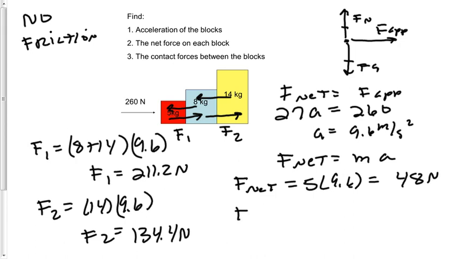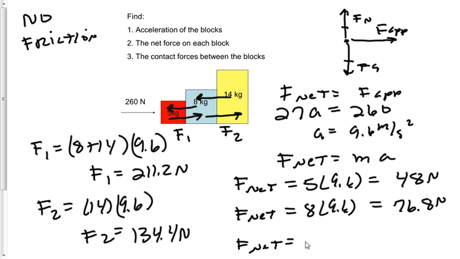The force net for the 8 kilogram block would equal 8 times 9.6, and that equals 76.8 newtons. And finally, the force net for the 14 kilogram block would be 14 times 9.6, and that equals 134.4 newtons.